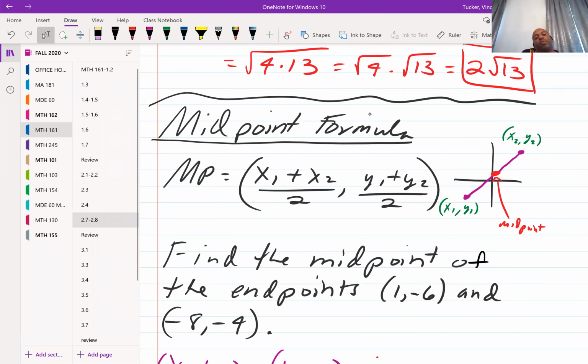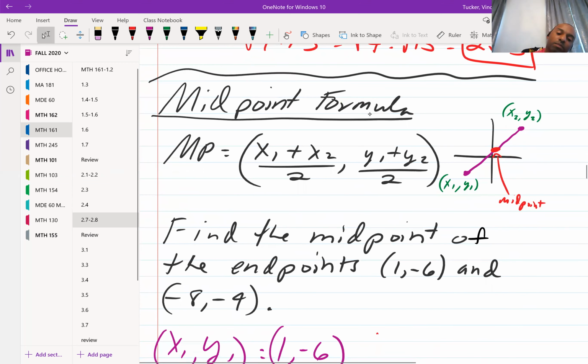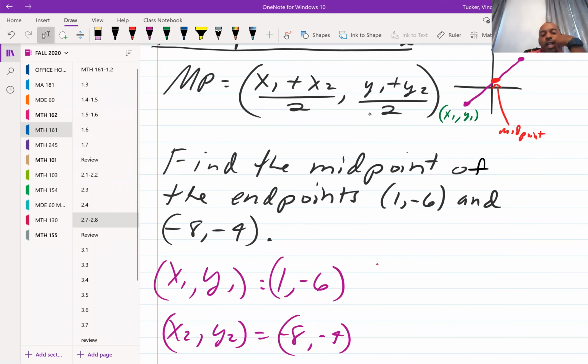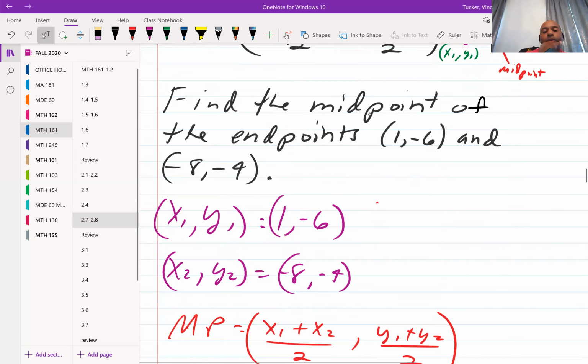All right, so find the midpoint of the endpoints 1, -6 and -8, -4. Just like before, establish which point is x1, y1 and which point will be x2, y2, and then plug it into your formula.